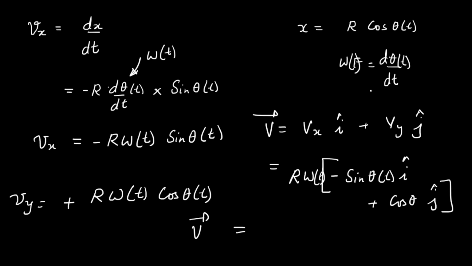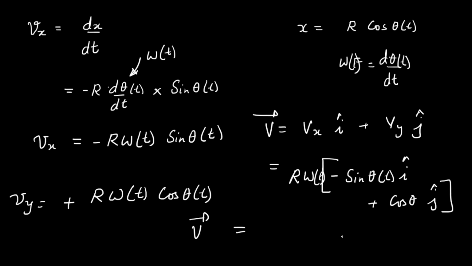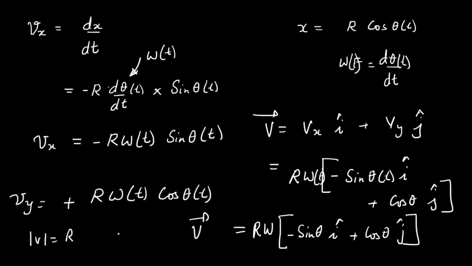So this is the position vector, and we can easily convince you that the velocity vector is perpendicular to the position vector. So I'm just going to write it here. R omega is the magnitude, minus sine theta i plus cos theta j is a unit vector that is perpendicular to the position vector, and therefore mod v is equal to r omega, I think I should be more careful, omega is a function of time, mind you, and the direction is pretty obvious.